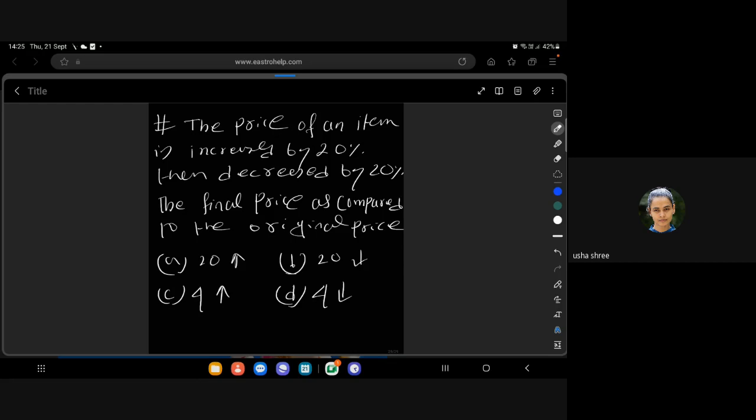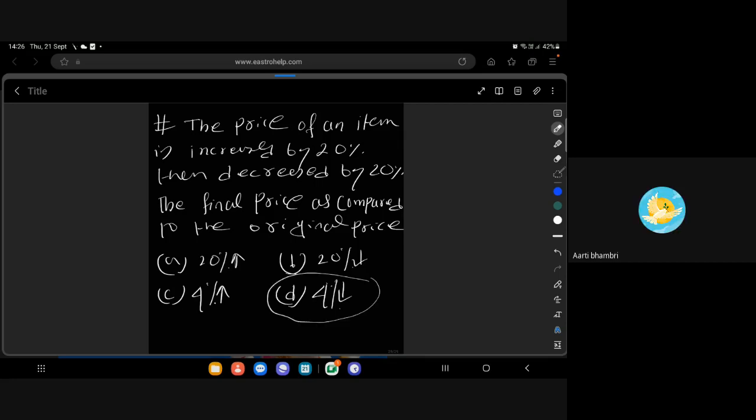If so, then how much? Is it 20% higher or 20% lower? Is it 4% higher or 4% lower? That is what they have asked you. 4% lower.